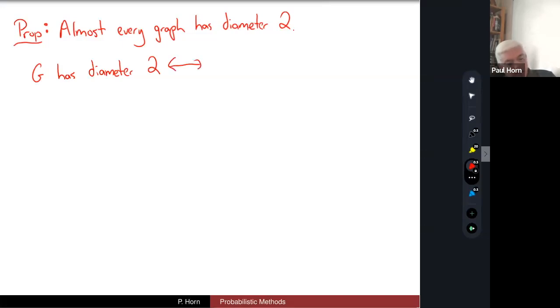That's really the same as saying that if I take any two vertices in the graph, x and y, then they should either be adjacent or they should have a common neighbor. So all pairs are adjacent or have a common neighbor.